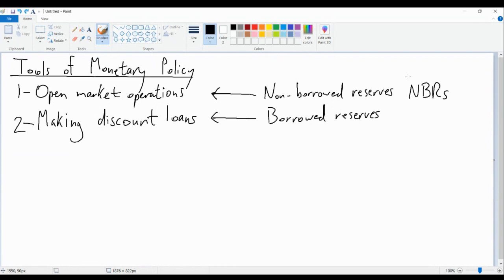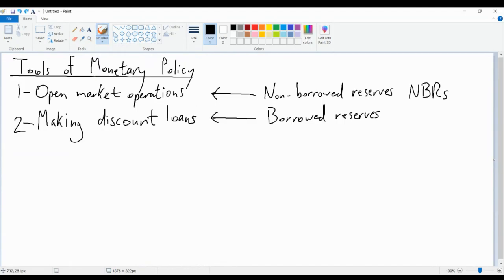So these are forms of monetary policy that involve changing the amount of total reserves, whether it's borrowed or non-borrowed. But the Fed has other things that it controls.